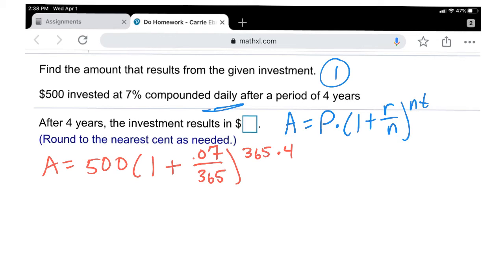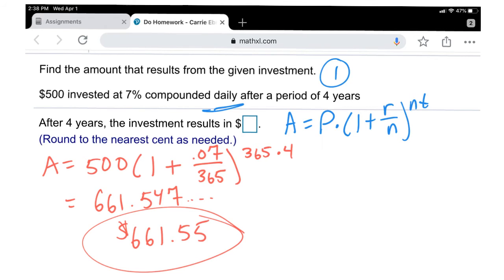And when you type this in your calculator, you want to round it to the nearest cent, which is 2 decimal places, the nearest hundredth. So you type it in, and we get 6,107.547, it keeps going. So we know that that is $6,107.55, final answer.